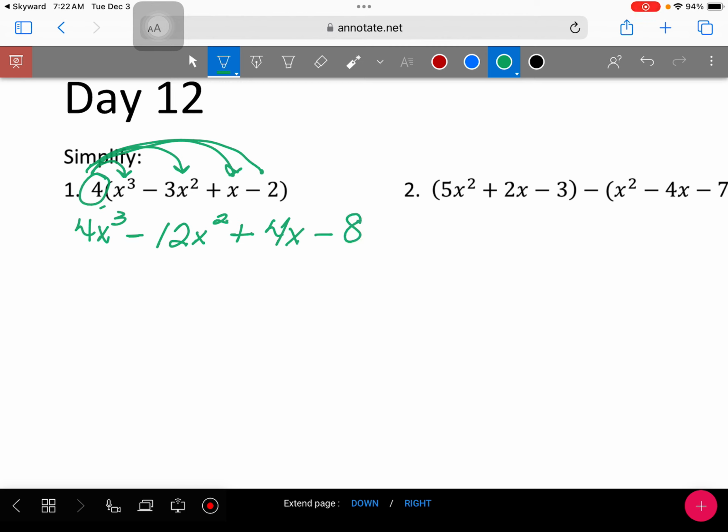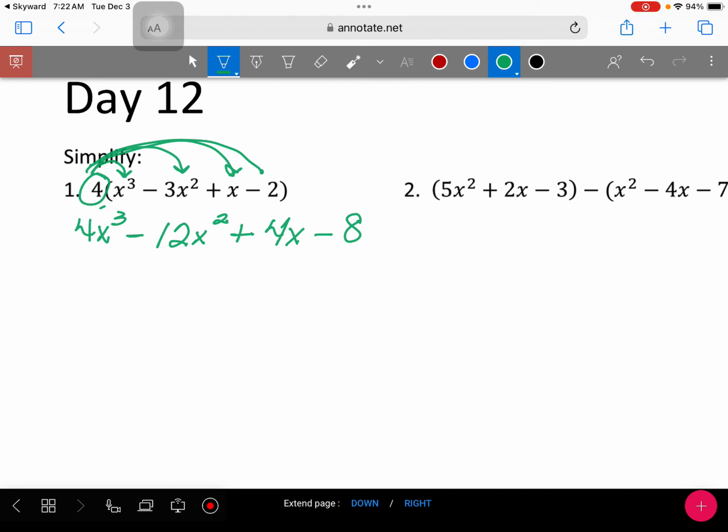Now, what's the question I need to ask myself if I get to this point? Is it in standard form? Am I going from greatest to smallest degree?